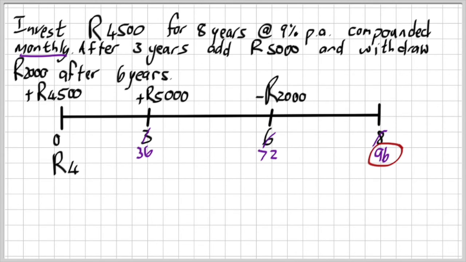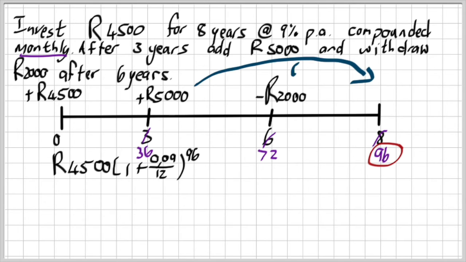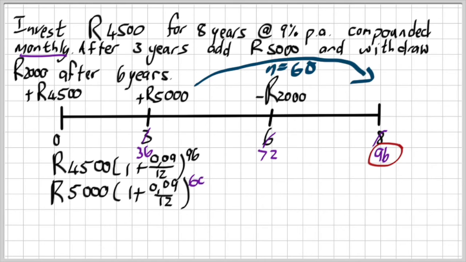So first of all, I'm going to take the 4,500. It is going to grow with interest for the full 96 months. Next up, I'm going to take that 5,000 and it is going to grow for 60 months at the interest rate of 9% per annum, compounded monthly, for 60 months.